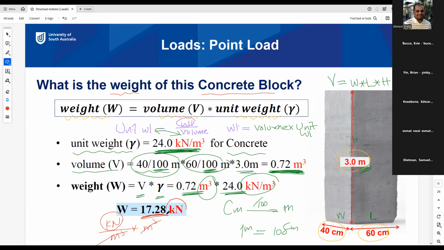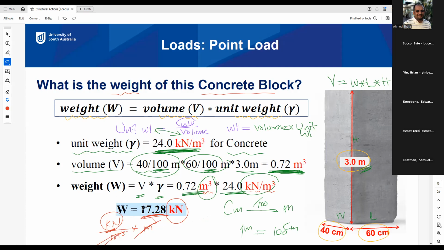So when we multiply 0.72 times 24, this gives us a value of 17.28. The main thing here is the unit, because the units are important in our calculation. Because we multiply meter cubed times kilonewton over meter cubed, the meter cubed cancels, and we still have kilonewton.